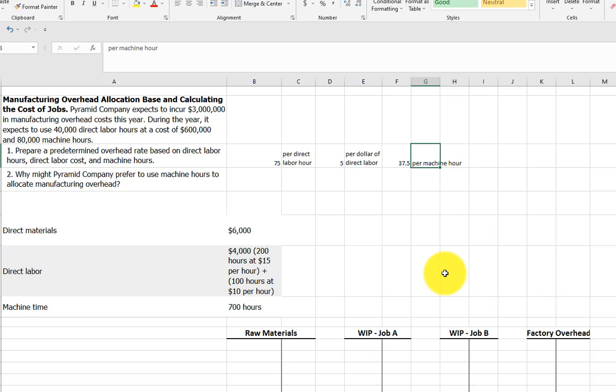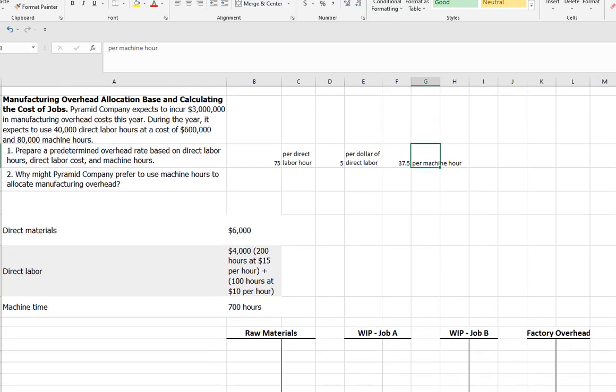Our machines have to have some way of tracking how many hours they use, and some way to figure that out by job. So when you start the machine working on a particular job, you program in the job number or some code that indicates that job, and it keeps track of how many hours. That's not that tough of technology in today's world, but we need to make sure that we have that capability, or machine hours isn't a usable thing.